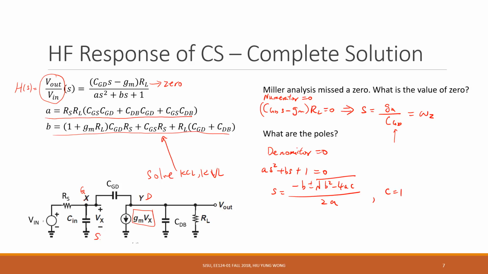Okay? And I can tell you, it's not equal to what we got in the previous slide. It means our approximation is really just an approximation. Remember why? Do you still remember why the Miller effect, the Miller theorem, is just an approximation?